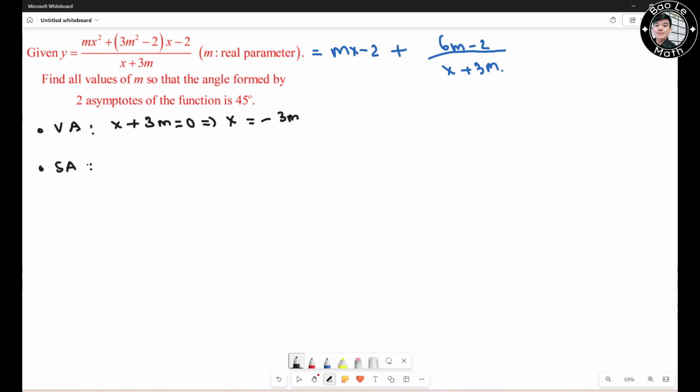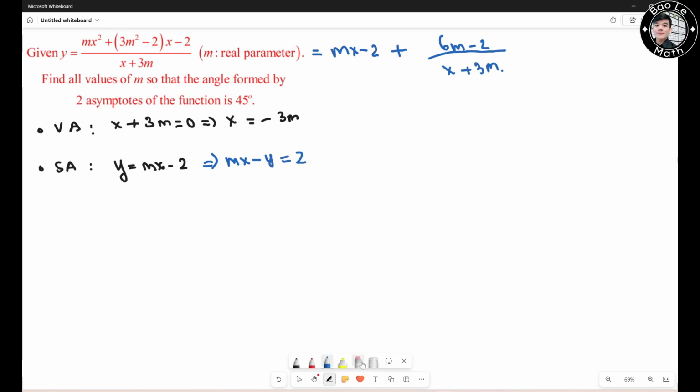Alright, so the slant asymptote turns out to be y equals mx minus 2. I'm going to convert this one into the standard form. So it turns out to be mx minus y equal to 2.